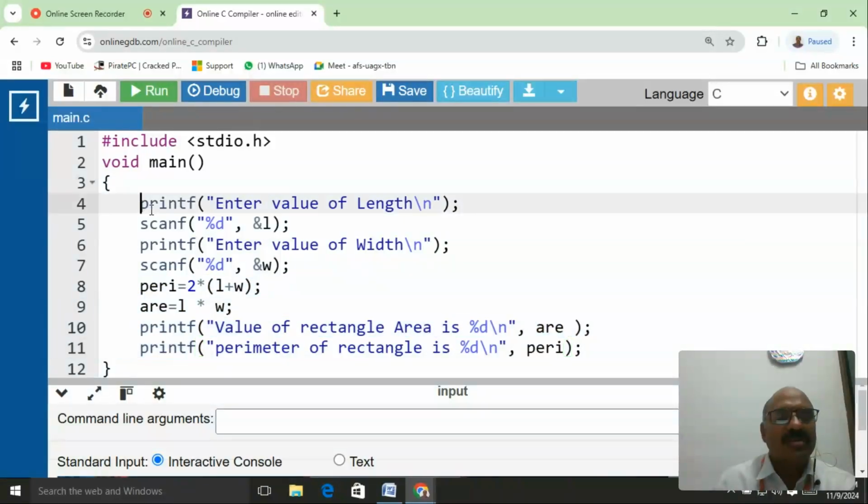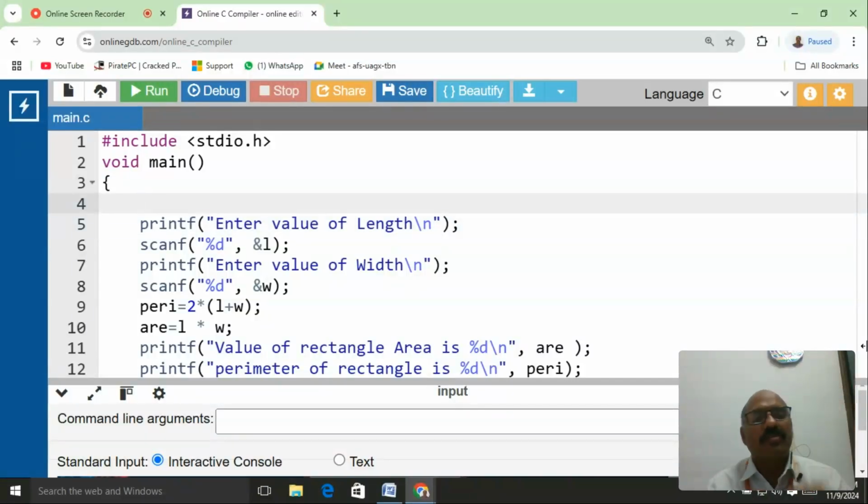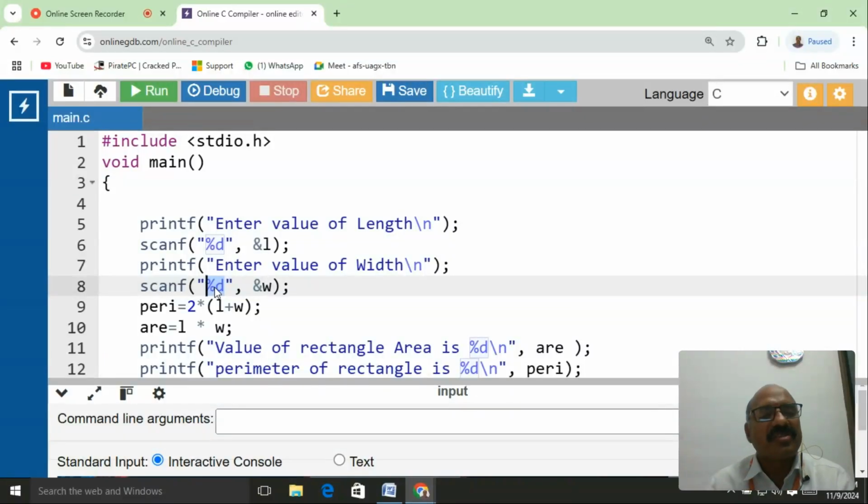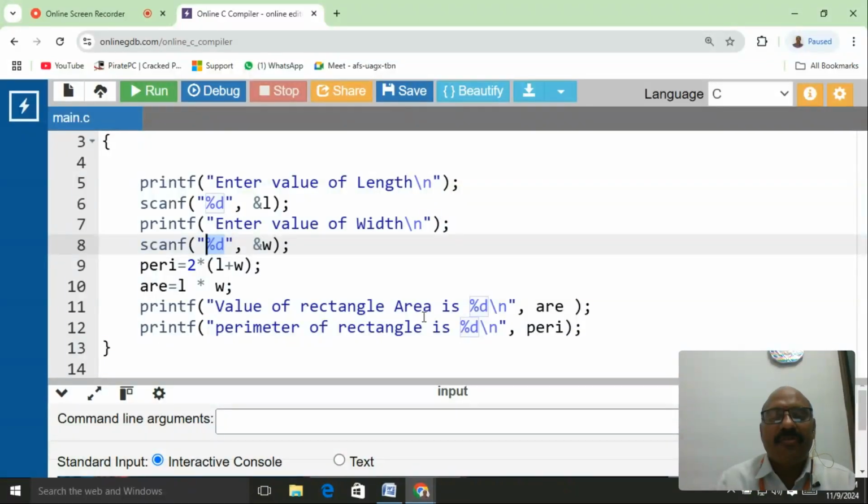Now what is remaining is the declaration. Now I am going to declare here after completing the entire program. Please observe that here I am going to use L, so for L I am going to use percentage d. For W, the format specifier is also percentage d. For area, ARE, the format specifier is also percentage d.